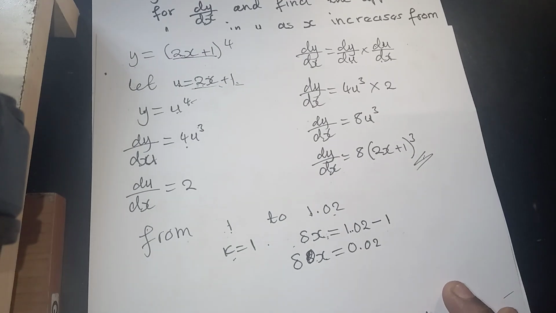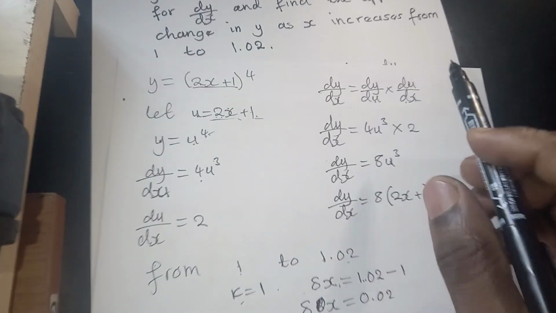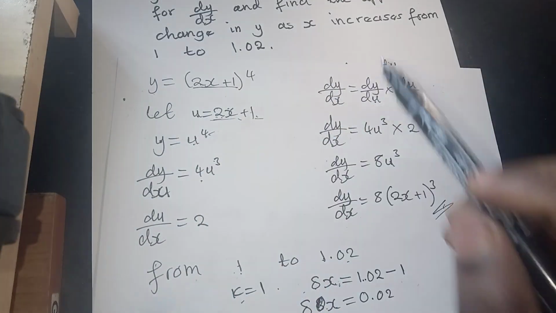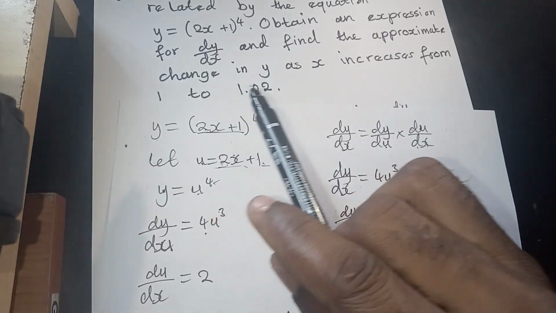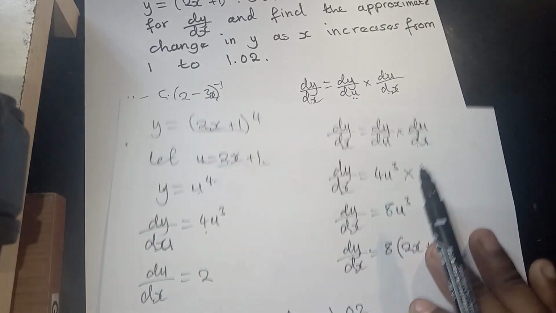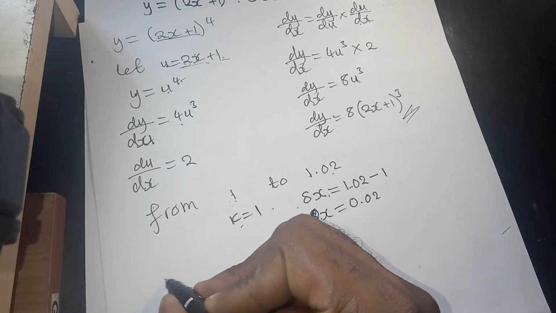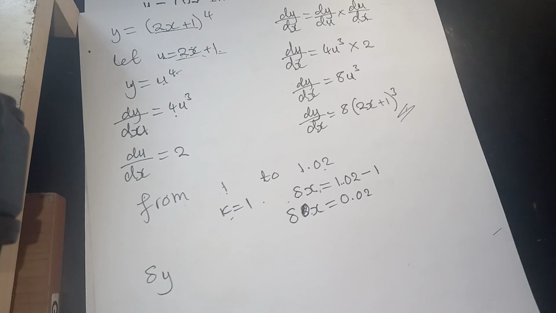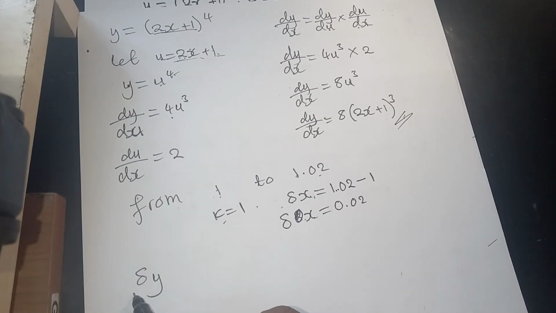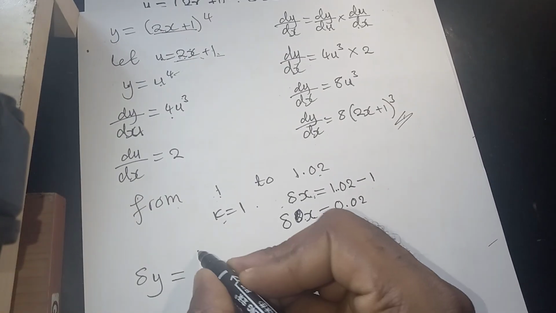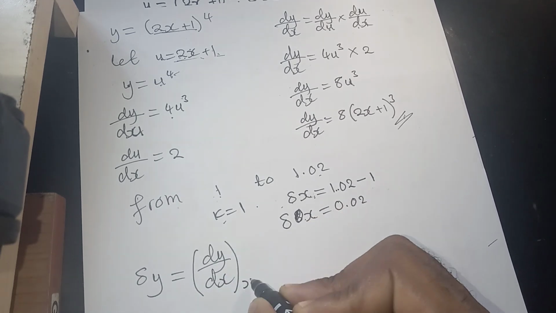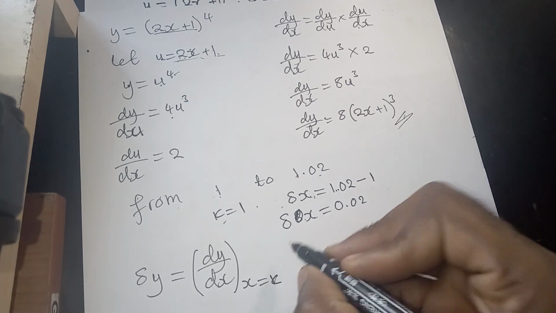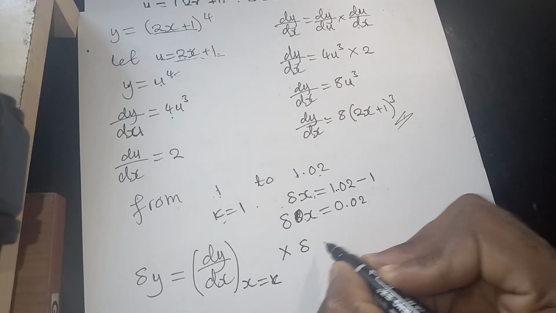So the small increment of x is this minus this, which will be 0.01. So now to find the small increment in y after this approximate change in x, you can use the formula, this one: delta y, which is the small change in y, is equal to dy/dx when x is equal to k multiplied by the small increment in x.